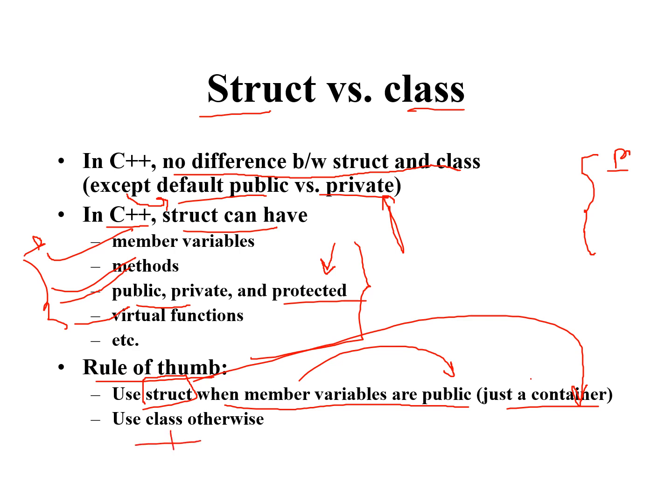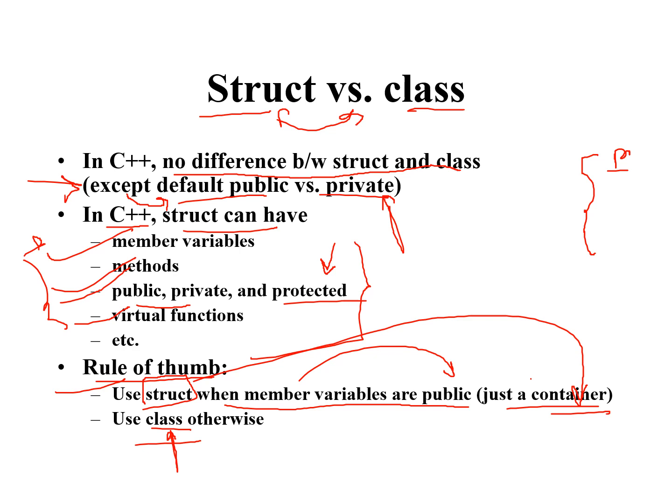Otherwise, what can we use? Otherwise we can use a class. If we don't want a container, we can use a class. But ultimately both of these do the same function, except for the one exceptional case that is written over here. So this rule of thumb is just to tell you how you can differentiate when to use struct and when to use class.